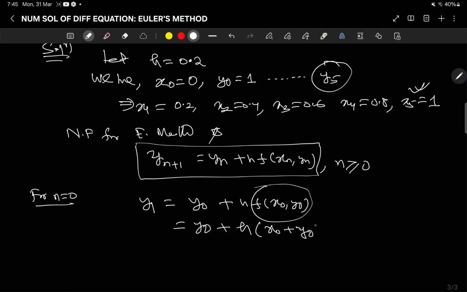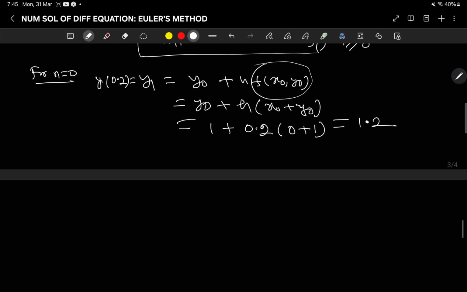You substitute the values from the previous step, x0 and y0. So this is 1 plus h, which is 0.2, into 0 plus 1. This will be 1.2, and y1 is nothing but my y of 0.2.